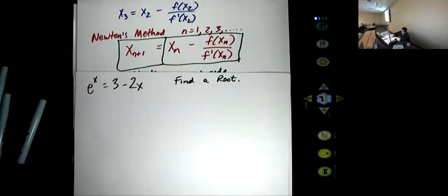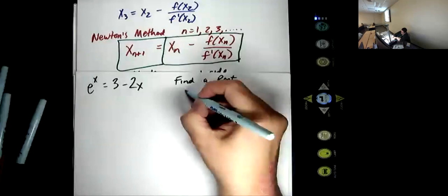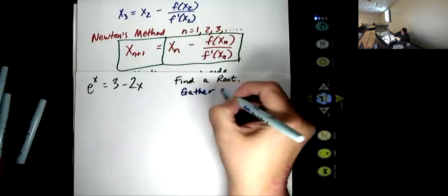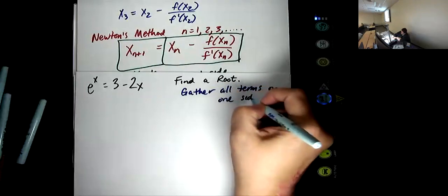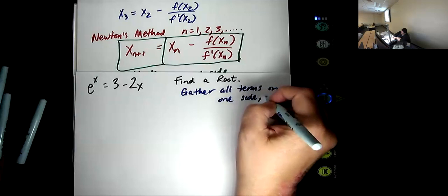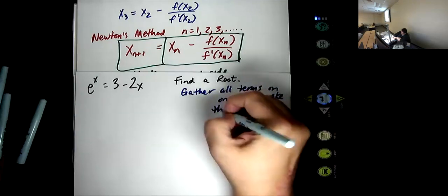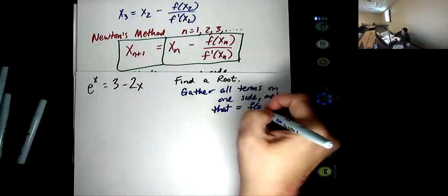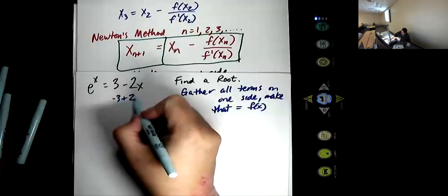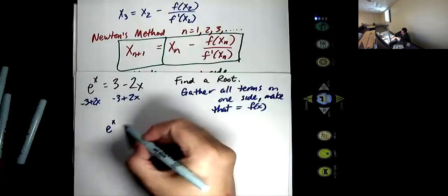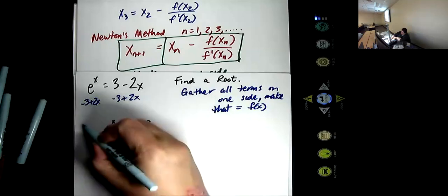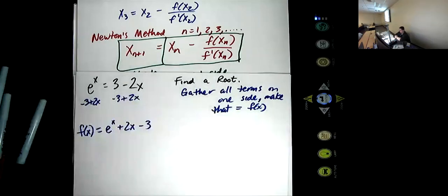When you have things on different sides, you really want to gather all terms on one side, and then we make that equal f of x. So I'm going to subtract 3 and add 2x to both sides. We had it equals 0, but that's where we start assigning it the value f of x.